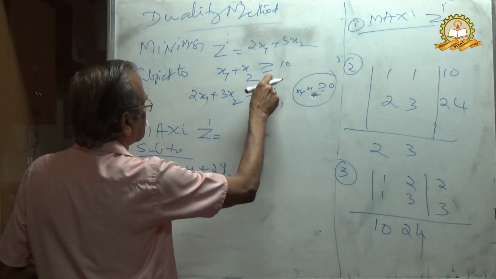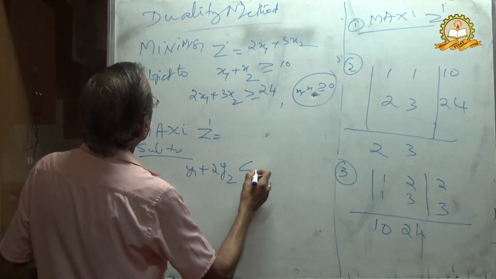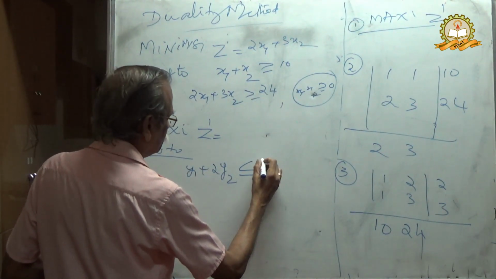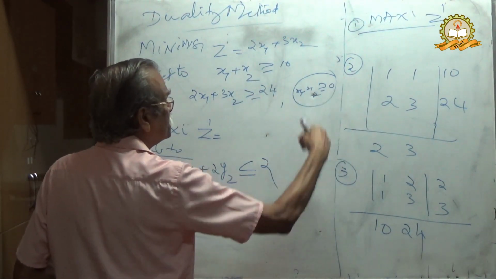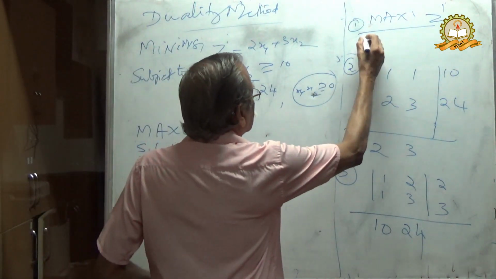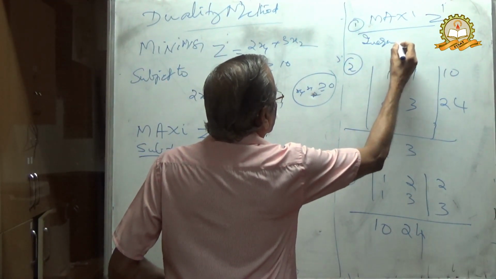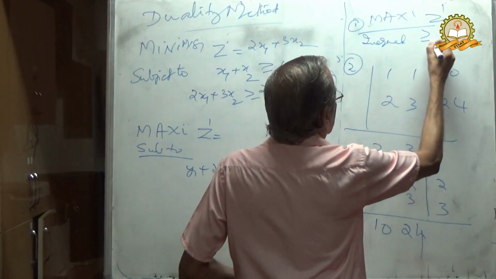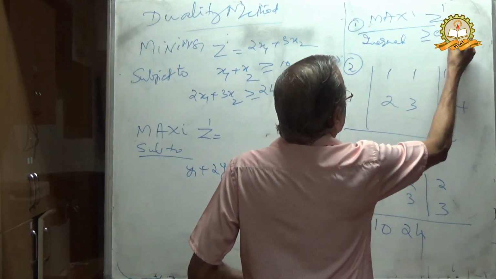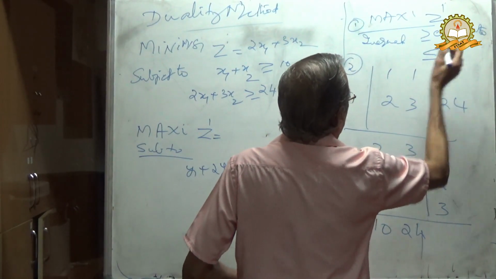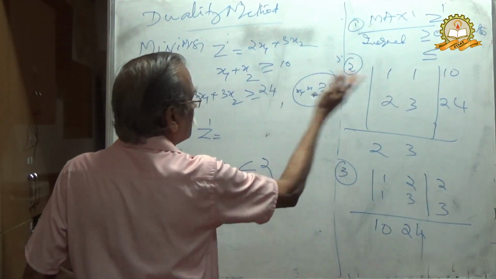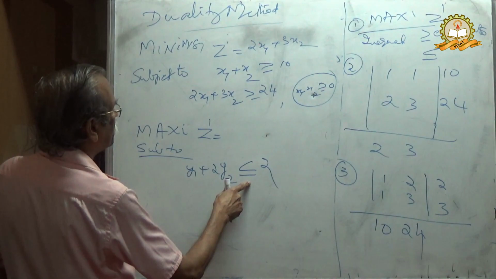Here it was greater than or equal to, therefore it changes into less than or equal to 2.